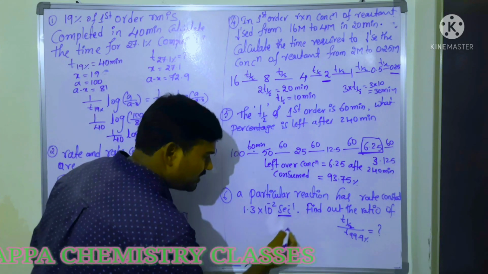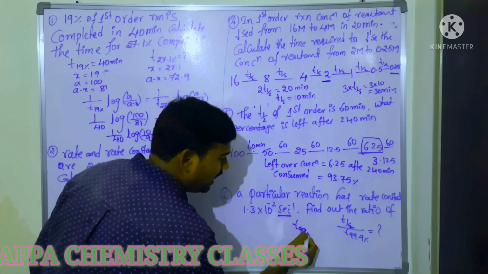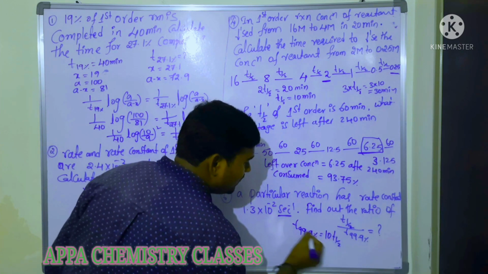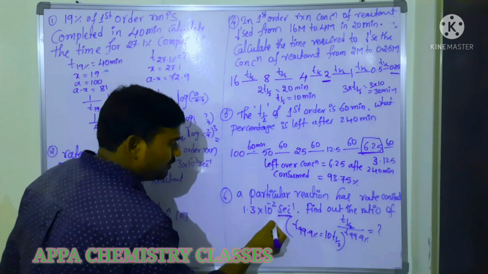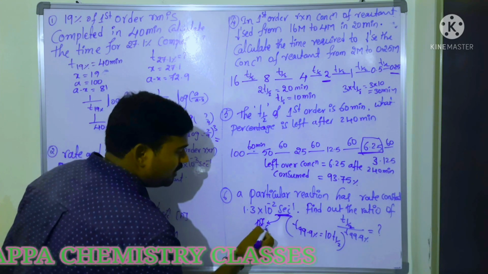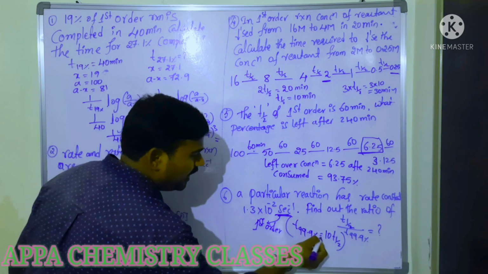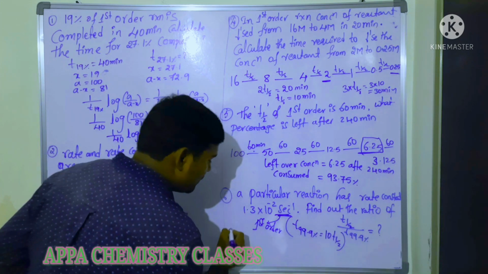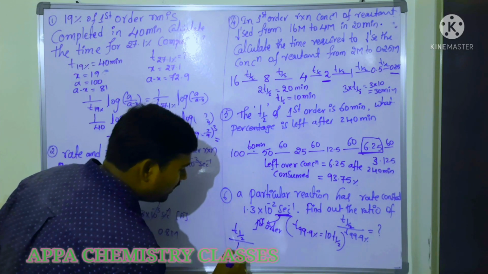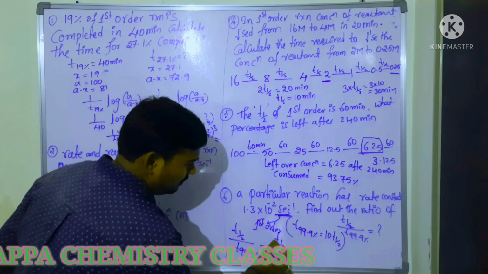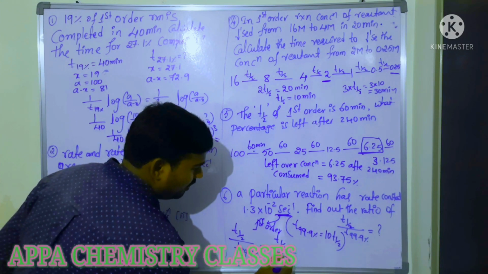In the case of first order, what is the relation for t 99.9%? It is 10 t halves. You substitute that, because by seeing the rate constant units, it is a first order. In first order, the relation between t 99.9% and t half is 10 t halves. So the ratio t half by t 99.9% is t half by 10 t halves.